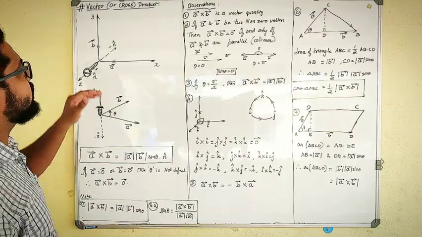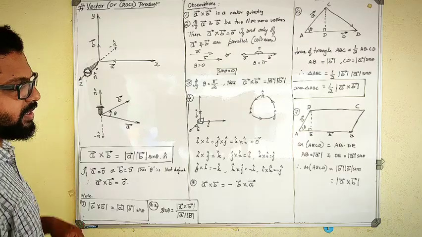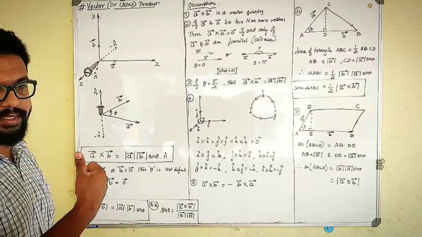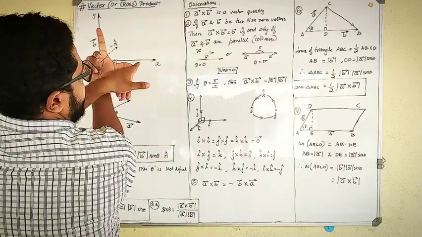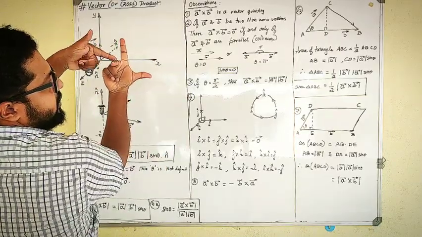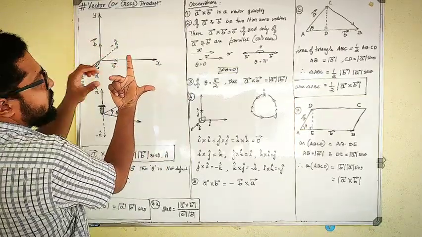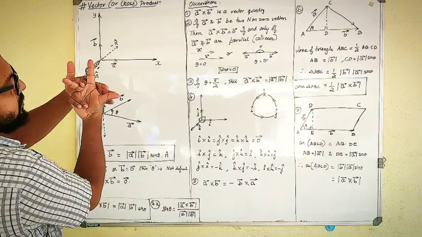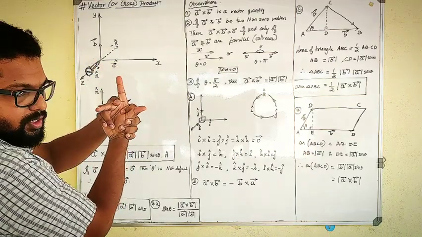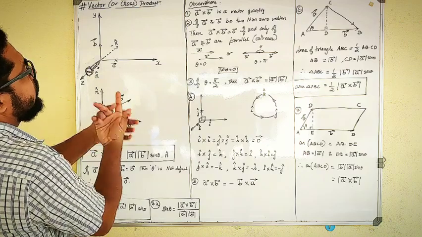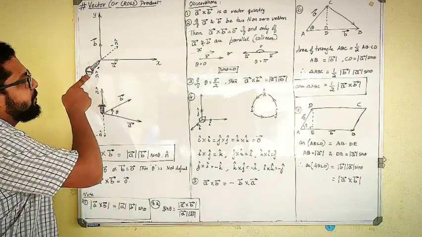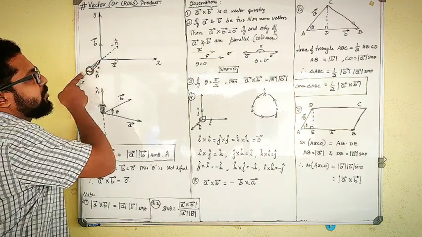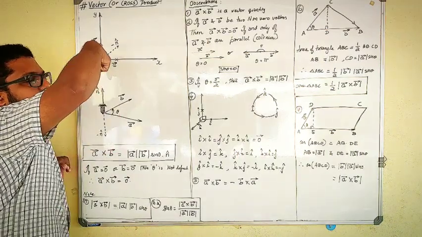So let us assume the three coordinate system, that is x-axis, y-axis and z-axis, with z outside the board. So three coordinate system, something like this: x-axis, y-axis and z-axis. Clear? These three are mutually perpendicular to each other, that we already know. Now to give a practical idea, I will imagine that there is a screw on the z-axis, towards the board.